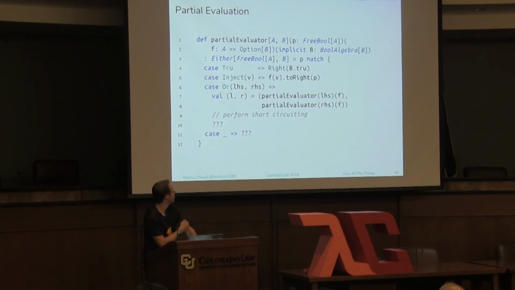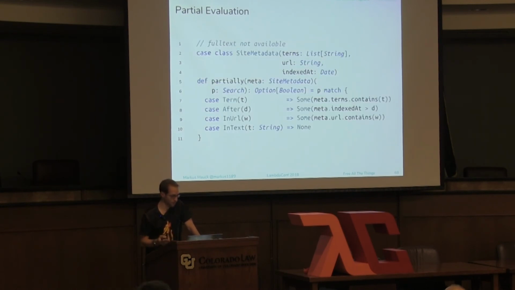If it's a true, we just return the right of b.true, which is our target Boolean algebra. In most cases, it will be just your normal Boolean. And for the OR case, for example, here I did not show all of the cases. We run our partial evaluator for both branches of the OR, and then we check whether it's fully evaluated or not. And if it's fully evaluated, maybe we can perform short-circuiting with our optimizer.